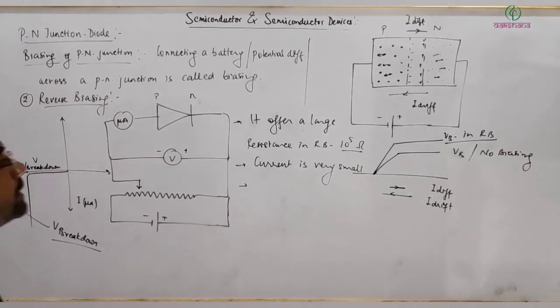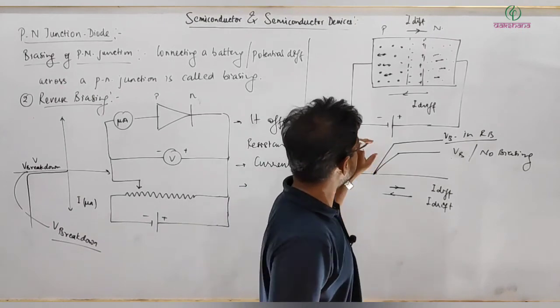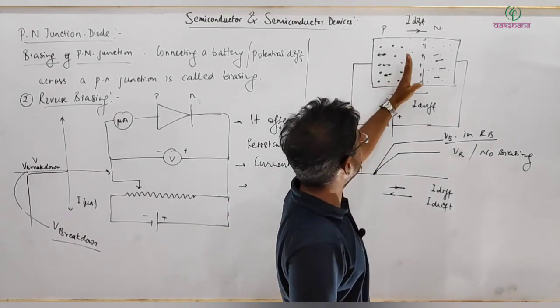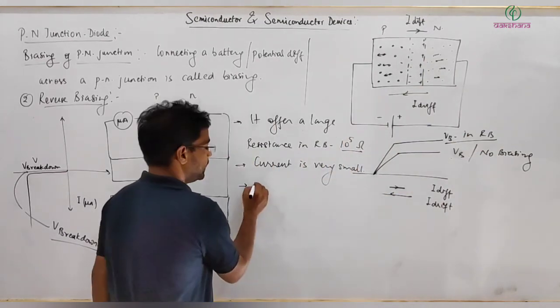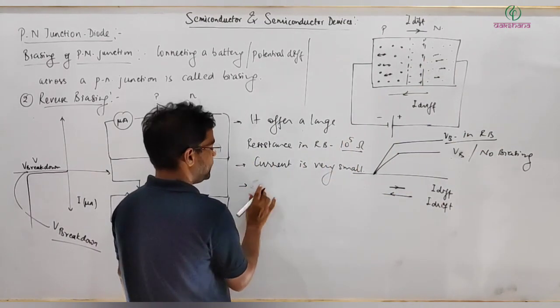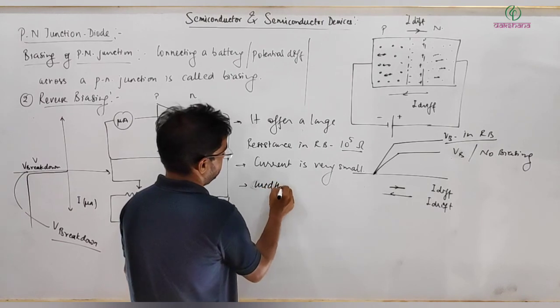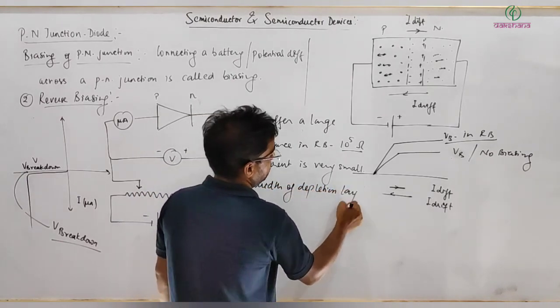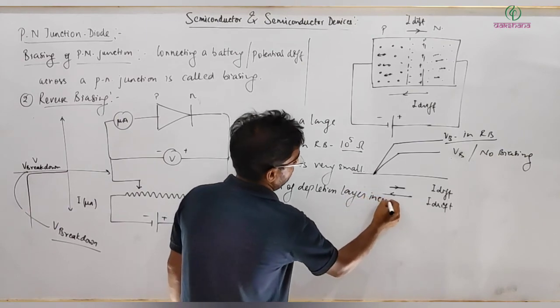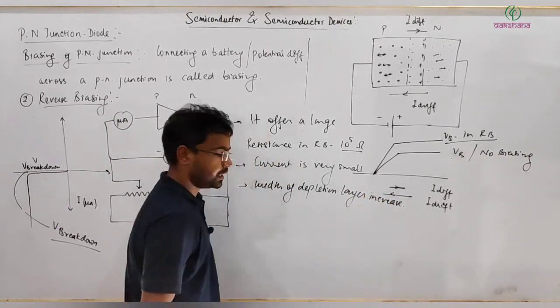So what about the depletion layer? Here you can see these will be pulling the holes this side and the electrons this side. So the width of the depletion layer increases in case of reverse biasing.